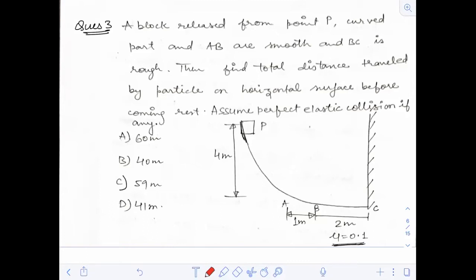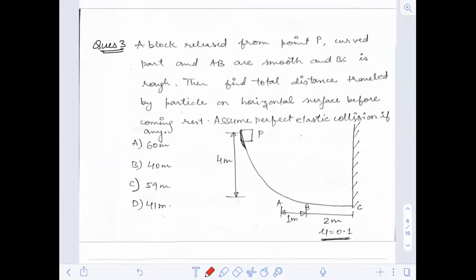One point you have to notice in this question, and then you can solve it. I'll explain this question and give you a hint.